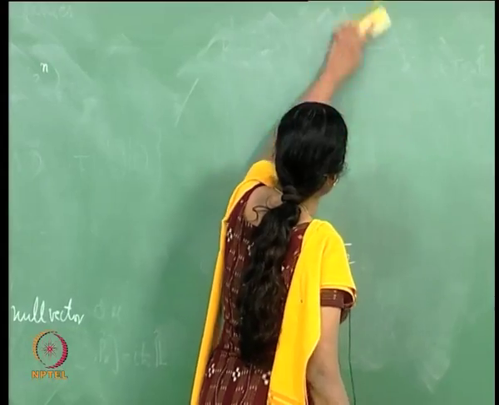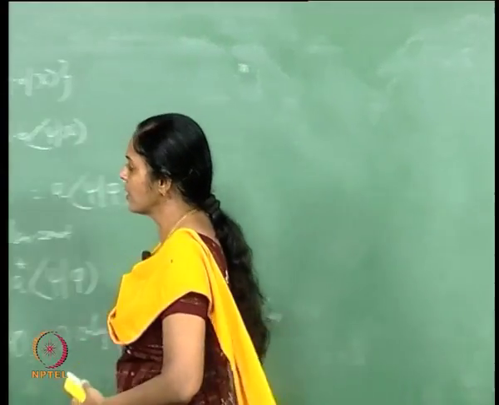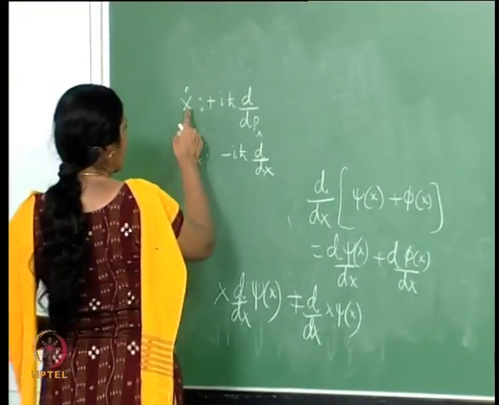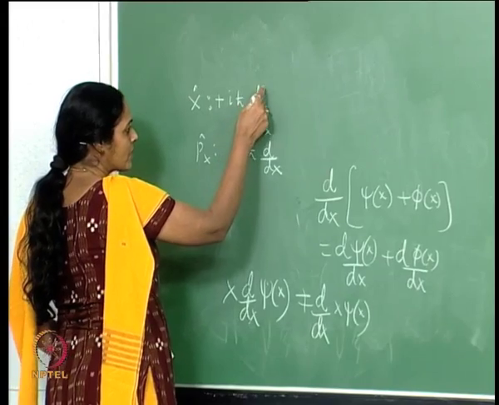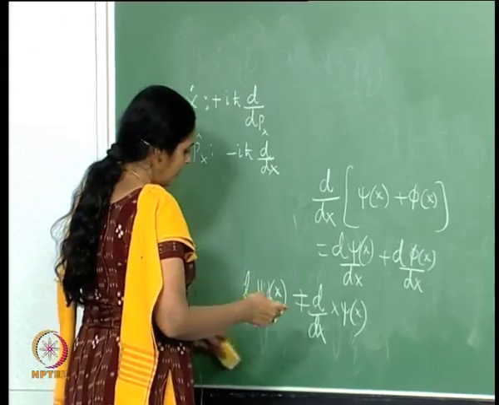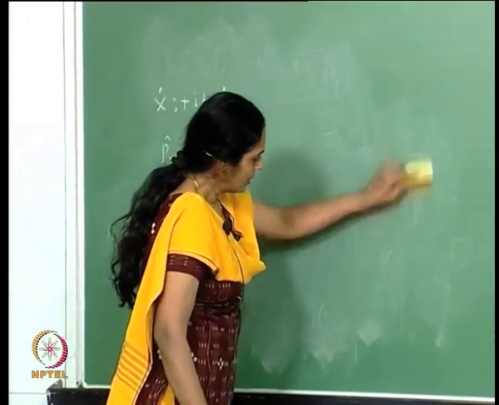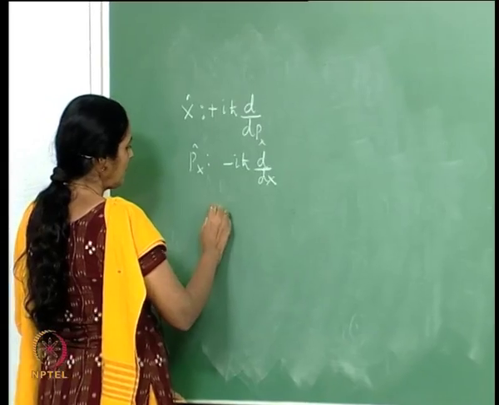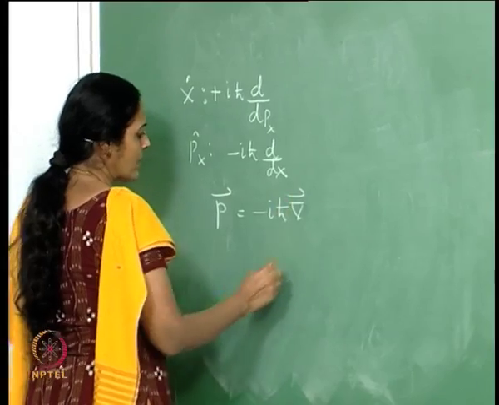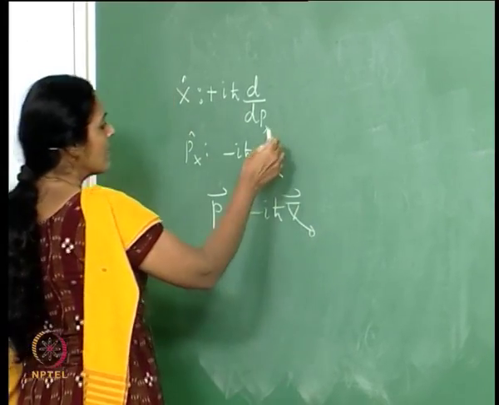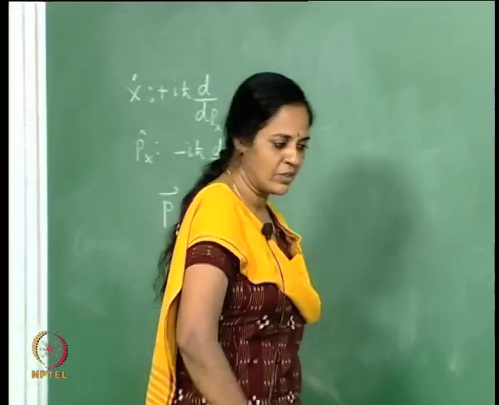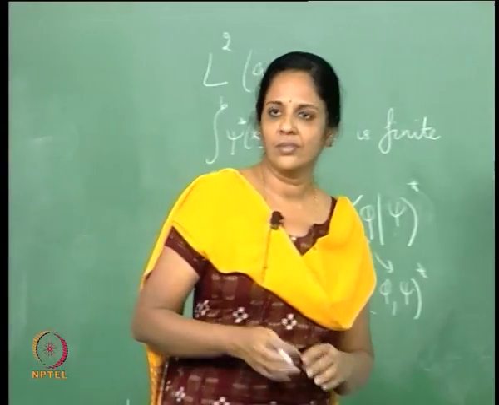But before we proceed, given this particular identification, that in terms of px, x can be written as a differential operator plus ih cross d by dpx, and px is minus ih cross d by dx, it is clear that a straightforward extension tells me that the momentum operator p would be simply minus ih cross del, where del is d by dx unit vector ex plus d by dy unit vector ey plus d by dz unit vector ez, and this is in 3 dimensions.